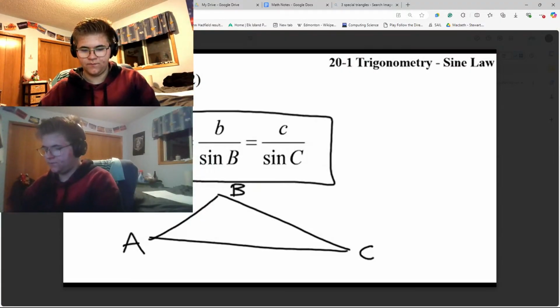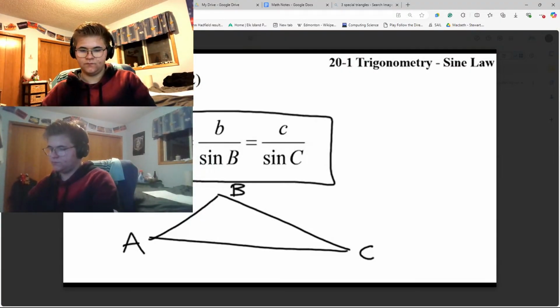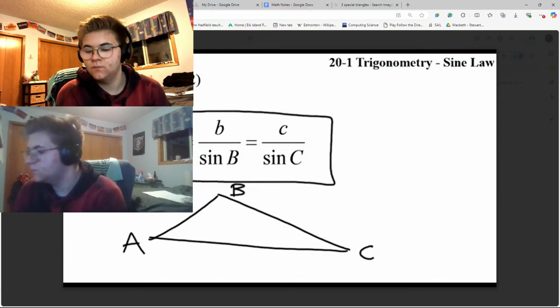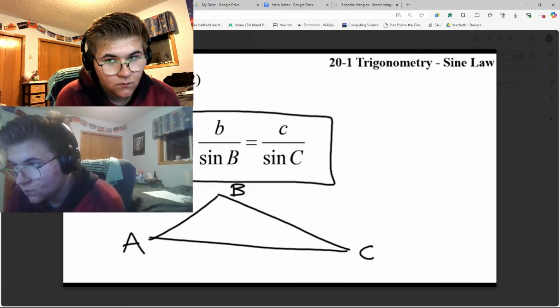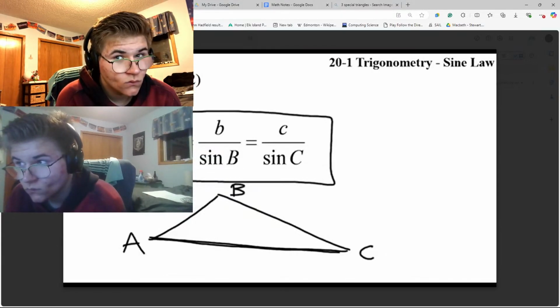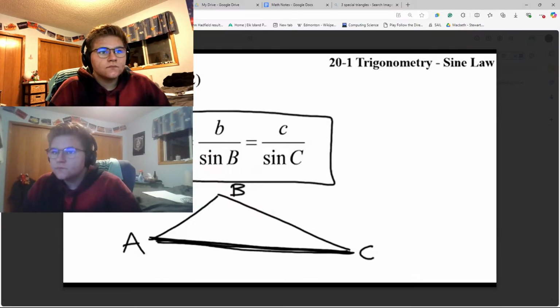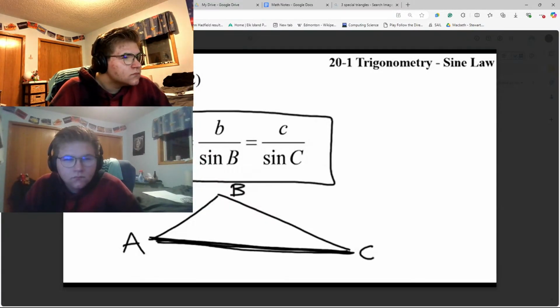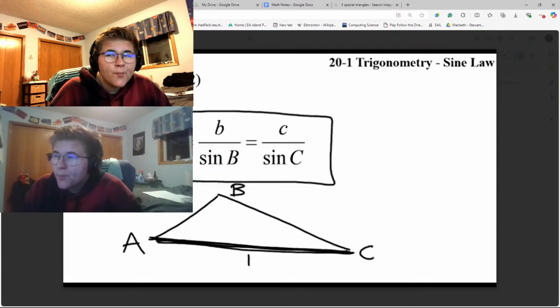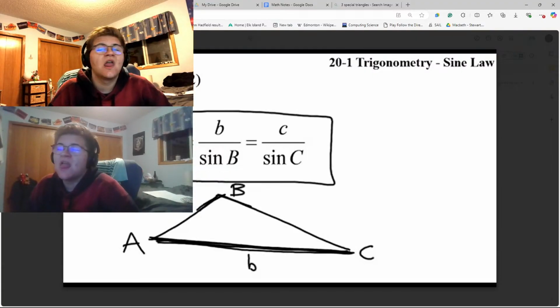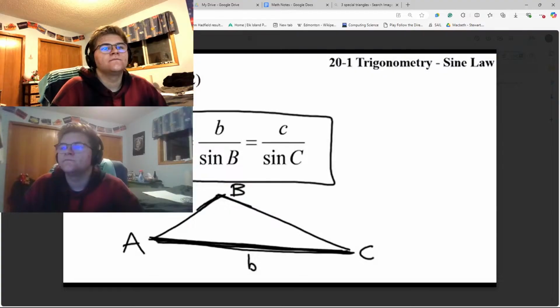Triangle ABC is made up of angles A, B, and C. Please remember that the sides of a triangle, one way to label this bottom side would be side AC, but it's also more commonly referred to as side lowercase b. Angle B, which is labeled capital, is always across from side lowercase b.